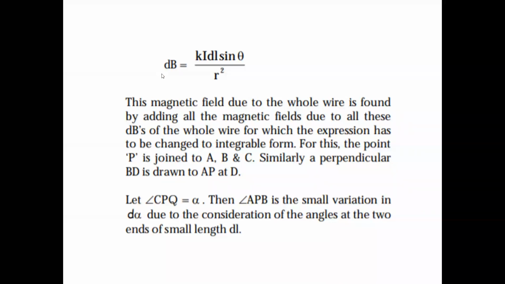That means we take only a smallest length, so the corresponding magnetic field is also smallest.